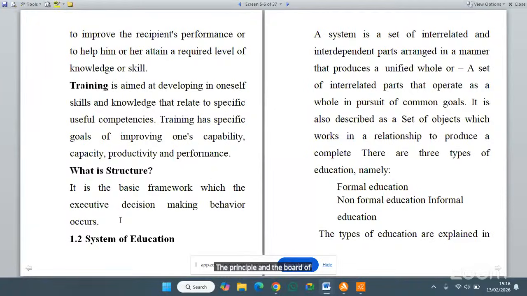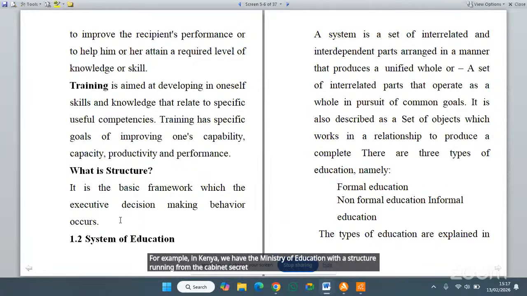management. If you look at the education system, for example, in Kenya, we have the Ministry of Education with their structure running from the cabinet secretary downwards to the institutional management at the school level. So at the top, you'll find the cabinet secretary for education.